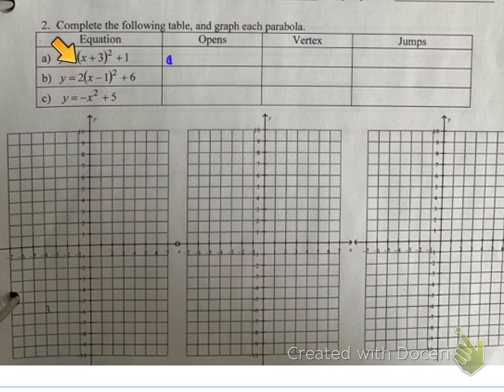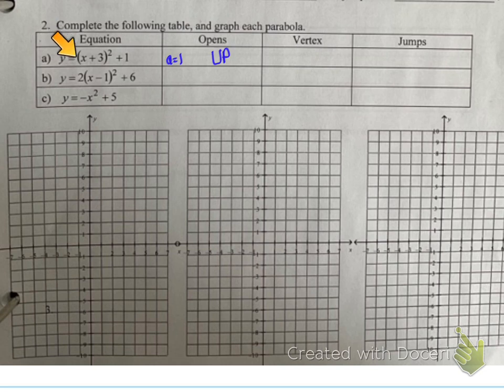If we need to identify the a value, the a value here is equal to 1. That would be right here is where the a value is found. Since the a value is positive, we can say the graph opens up.